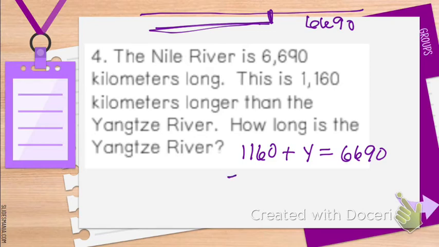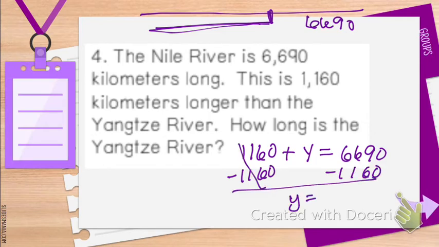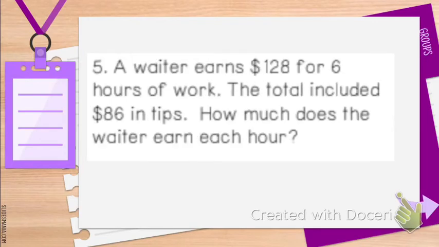All right, so we're going to subtract 1,160, y equals 5,530 kilometers. That's how long this river is. All right. I'm going to let you try this next one here.